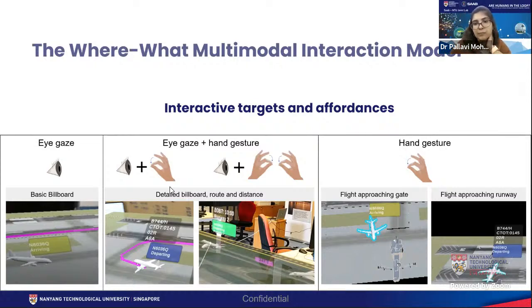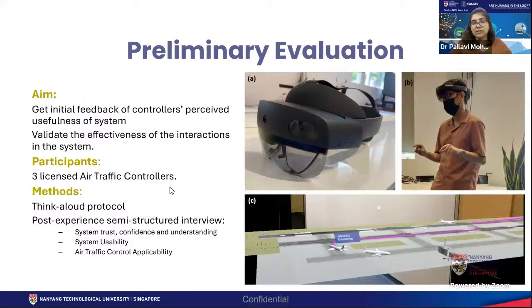So we built this very early prototype of it, and we wanted to get a feel of what controllers, actual air traffic controllers, think of our system, wearing it, using it, just playing around with it. Other than that, we decided to go for a formal evaluation, but it was a very early study, a preliminary validation of the MR-based system for general insights and feedback.